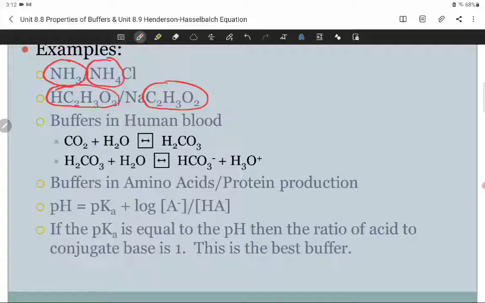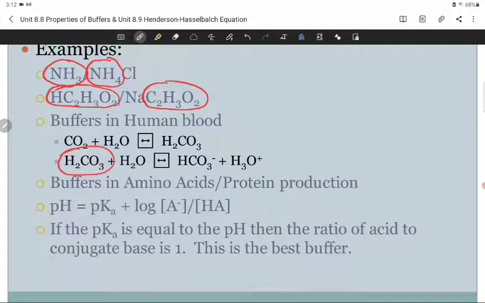Here are a couple of buffers that you might notice. Let's look at this one here. Carbonate, CO3 minus 2, and bicarbonate. Actually, let's not talk about it that way.